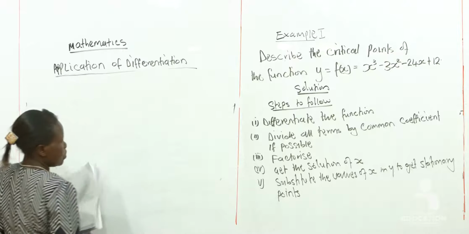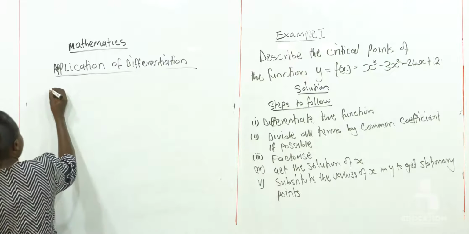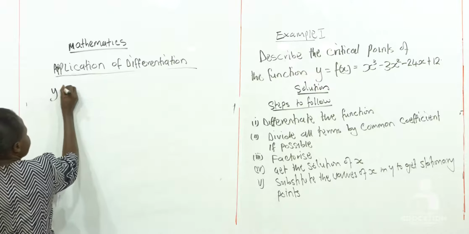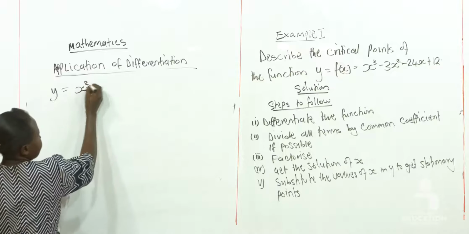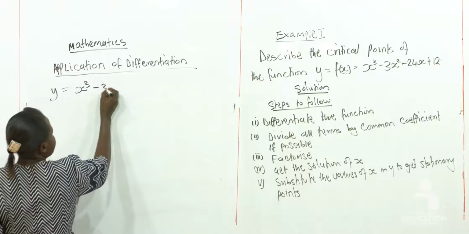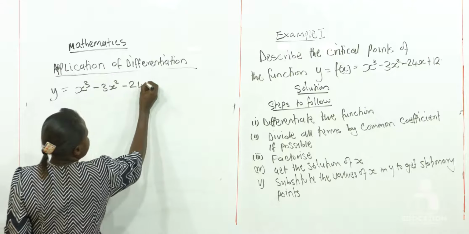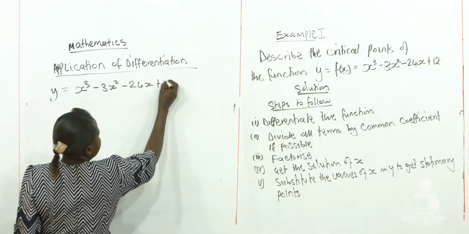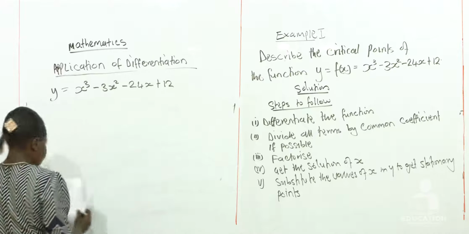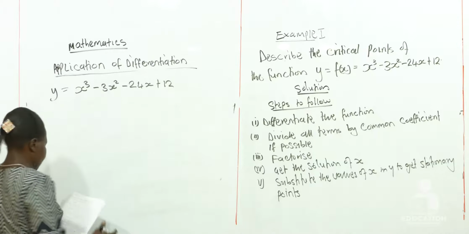So for step number 1, our y is given as x cubed minus 3x squared minus 24x plus 12. So our first step is to differentiate.